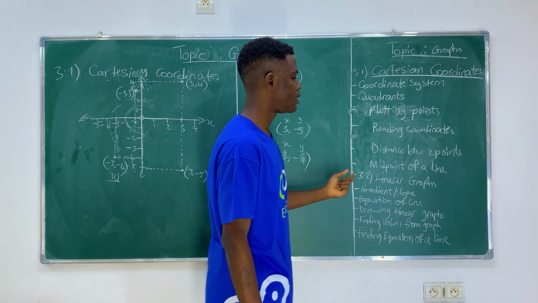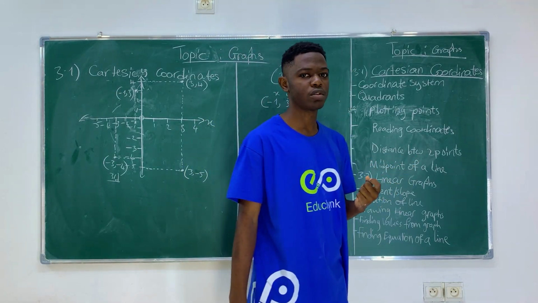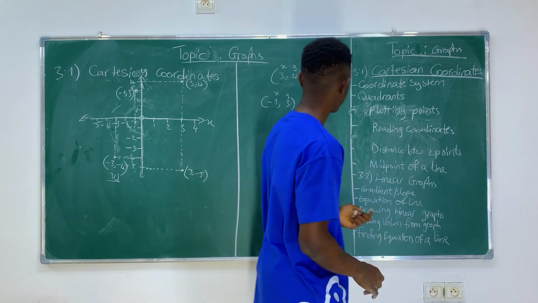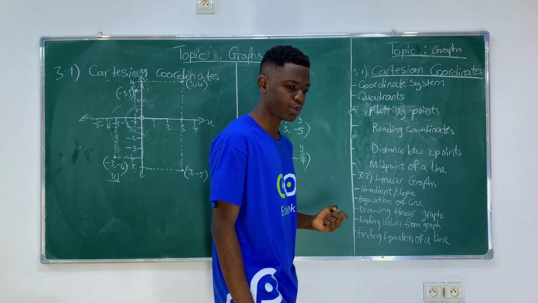Now let's do the distance between 2 points. To calculate the distance between 2 points, we use a formula. We cannot just look at it and know the distance between 2 points.